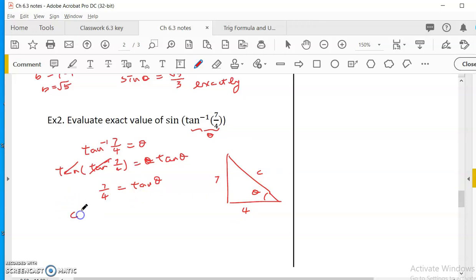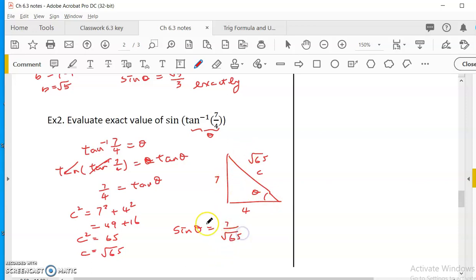So solve for c: c squared equals 7 squared plus 4 squared, 49 plus 16, which is 65. So c is the square root of 65. Now our goal is to find sine of theta. Sine of theta is 7 over square root of 65, and that's the exact value.